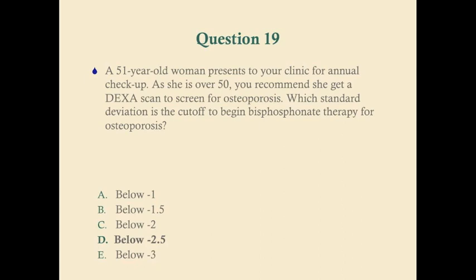So the T-score is just a standard deviation in bone density from the bone density of a healthy patient in their 20s. And so any patient who's 1 to 2.5 standard deviations below that level is considered to have osteopenia, and if it's below 2.5 standard deviations, then it's going to be osteoporosis.